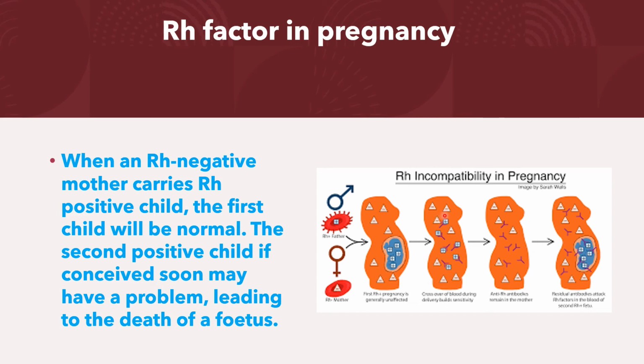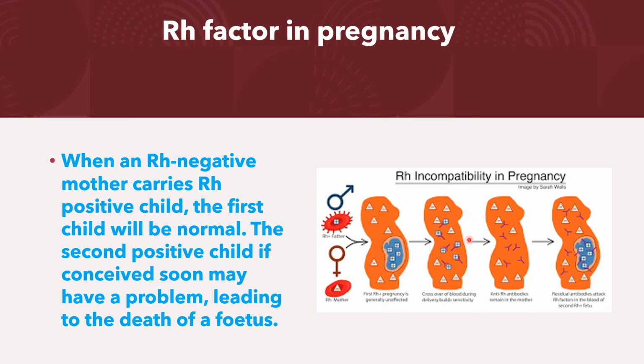The mother is Rh negative, but the child is Rh positive. An antibody is produced in the plasma of the mother's blood against the Rh factor, because the first child is Rh positive.